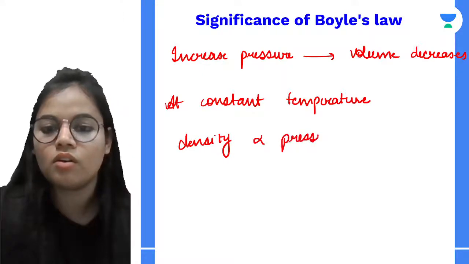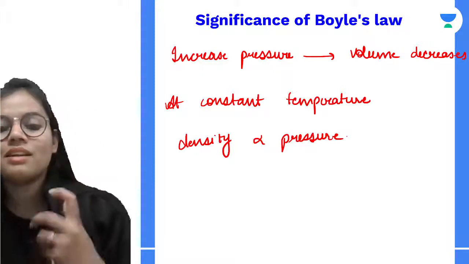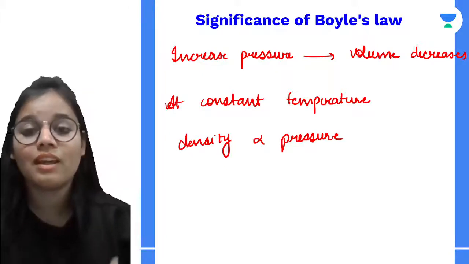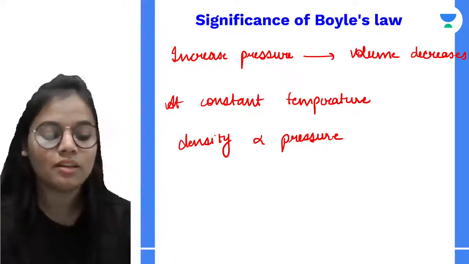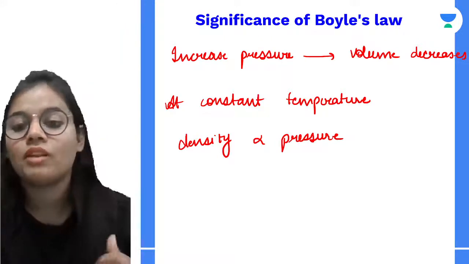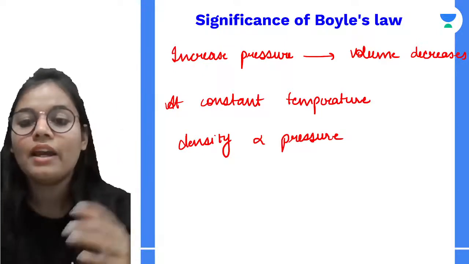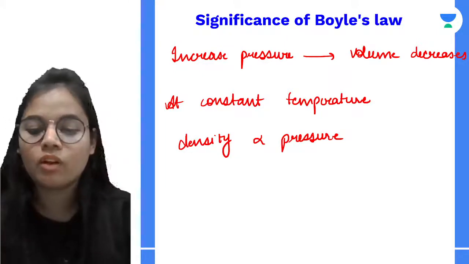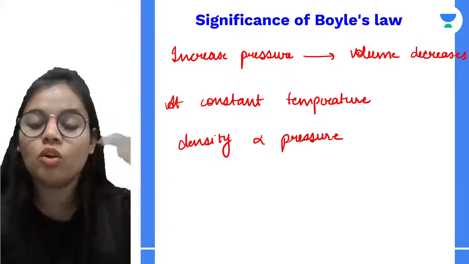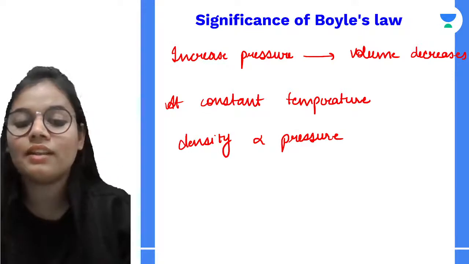to the pressure. Now there is a reason why mountaineers have oxygen cylinders with them. Why? Because atmospheric pressure at high altitude is low, and that means the air is less dense.